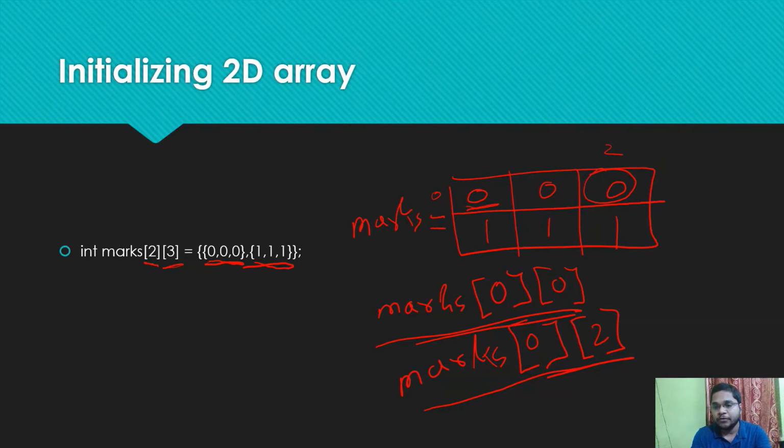If we change the position, like instead of 0 here I write 1, that means in row one, the column is this, then the value will be 1. So in this way we can also initialize the array.